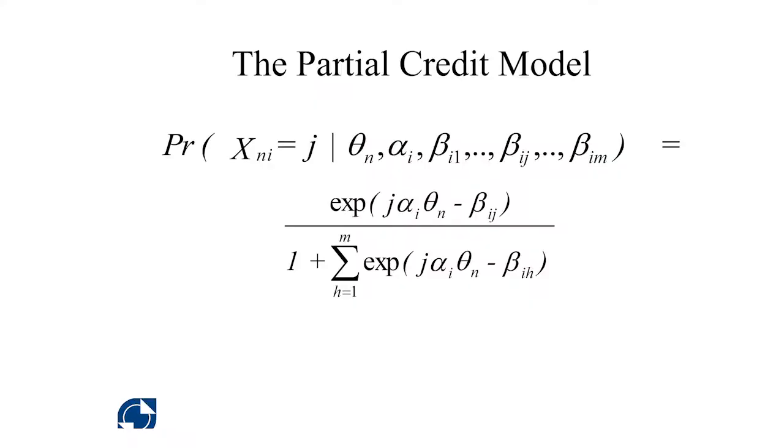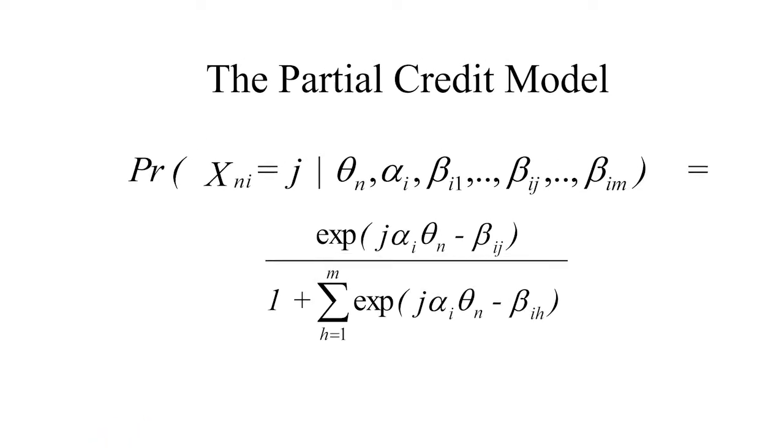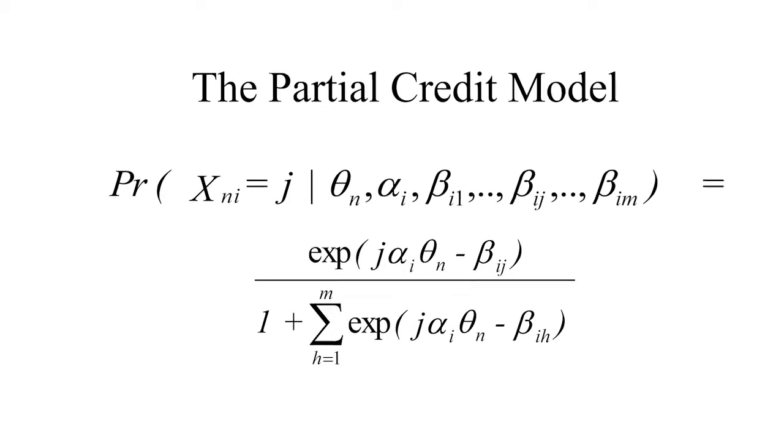This is about what you would like to see. This is the formula that goes with that model, and the important thing here, so it gives the probability that a person n scores on an item i in a category j. j is 0, 1, 2, 3, 4.